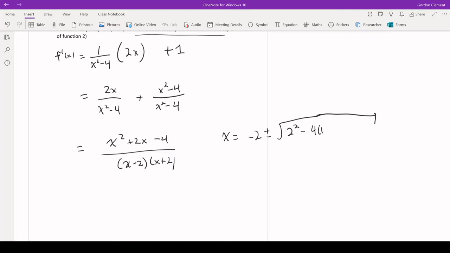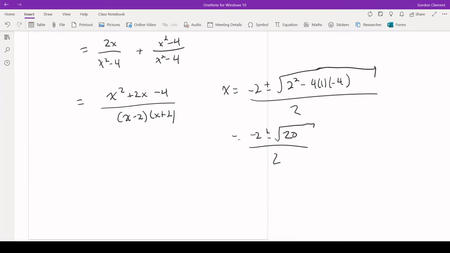Negative b plus or minus the square root of b squared minus 4ac all over 2a. 1.2 we'll say, or negative 3.2 it looks like for my two answers. Just double checking that first one. Yep, okay, we're good.